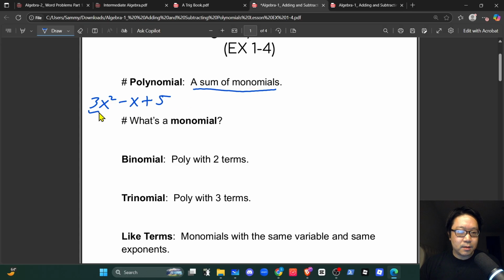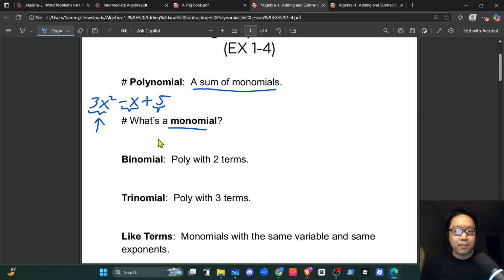That's all it is. This is a monomial, negative x is a monomial, and a constant like 5 can also be a monomial, okay? So what is a monomial? Well, it's these things, like 3x squared minus x plus 5.